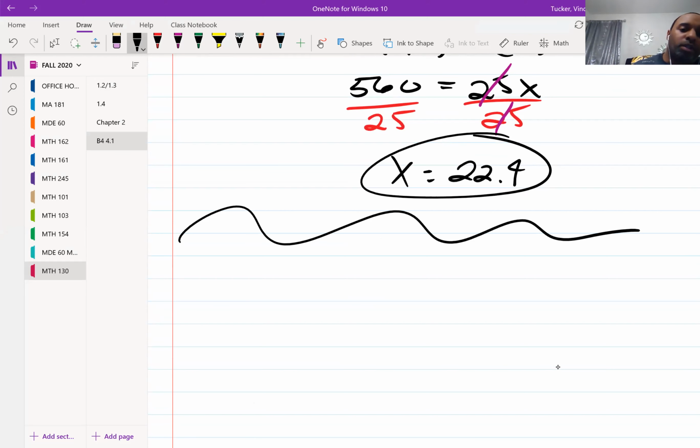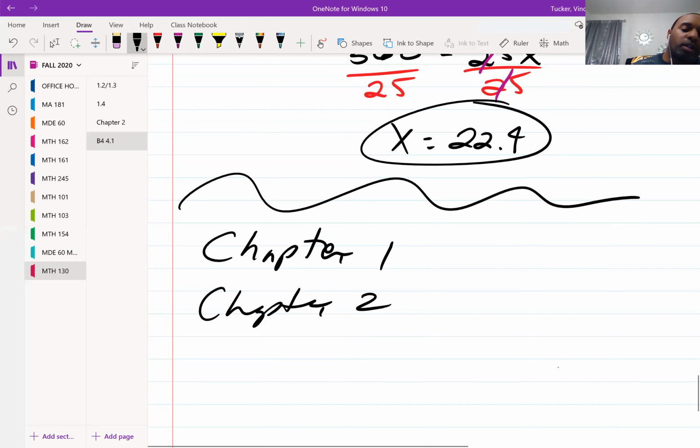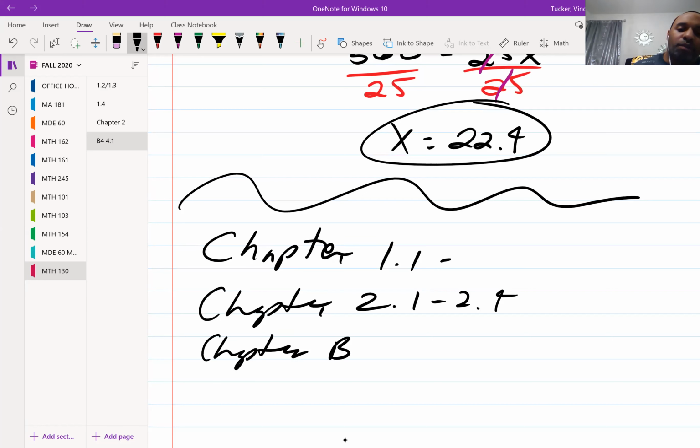So where we are now, we did chapter 1, and we've talked about chapter 2, and so it's 2.1 through 2.4. I was trying to map out what chapter 1 went to, but my math lab wouldn't pop all the way up, so it's all good. And the next section we had is B4, and it's 4.1 through 4.8. All we did today was just 4.1 though.